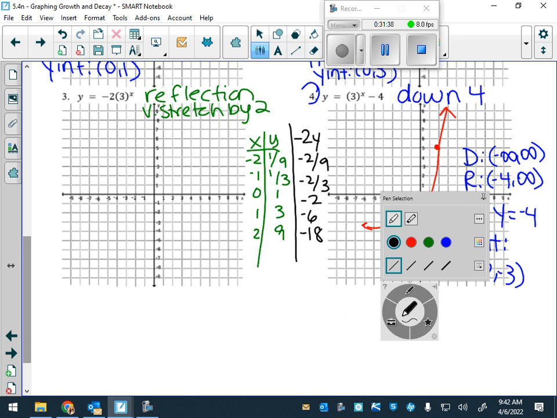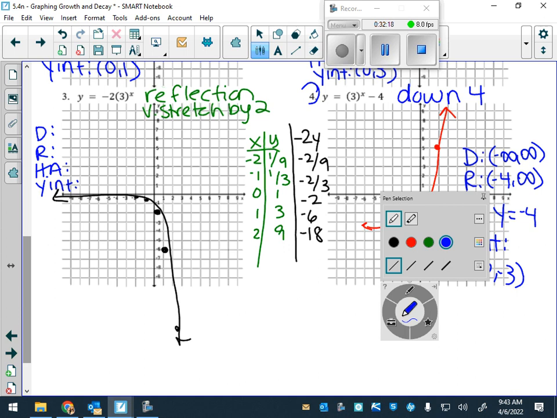Okay. Again, our x's just stay the same. Okay. So it's reflected and it is stretched.